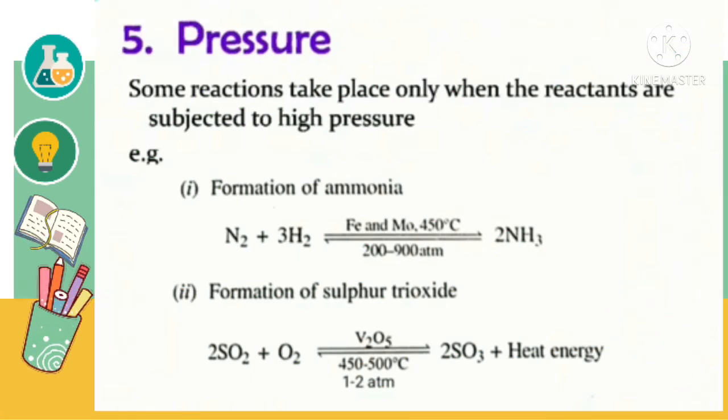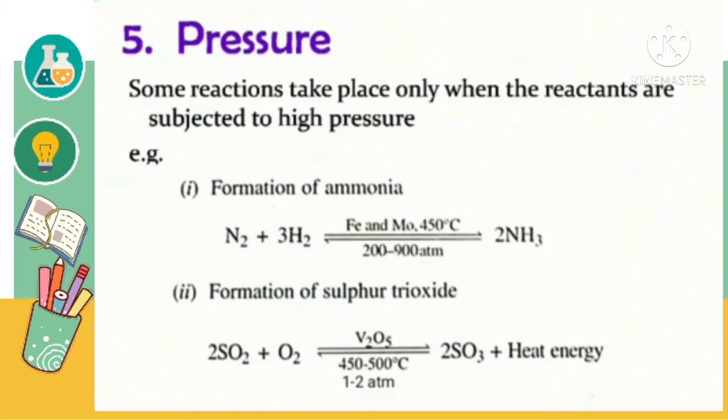Next condition is pressure. Some reactions take place only when the reactants are subjected to high pressure. For example, the formation of ammonia. In this, nitrogen and hydrogen are subjected to high pressure, that is 200 to 900 atmospheric pressure, and then there is a formation of ammonia.